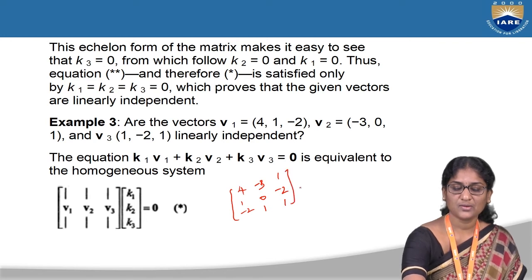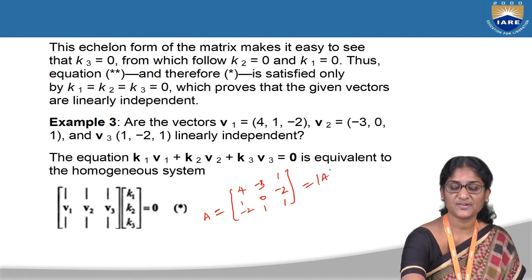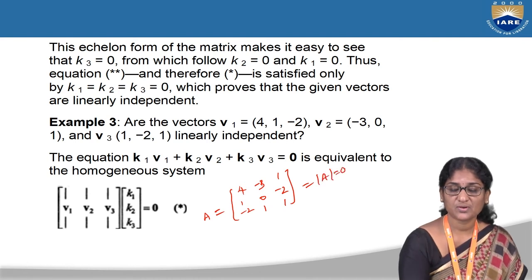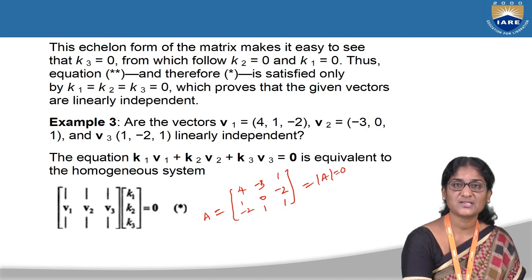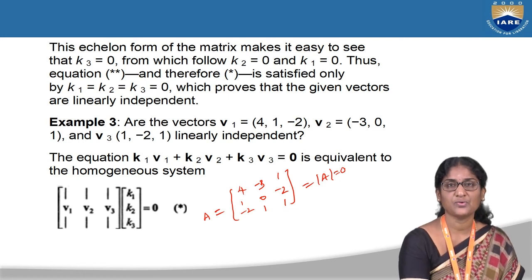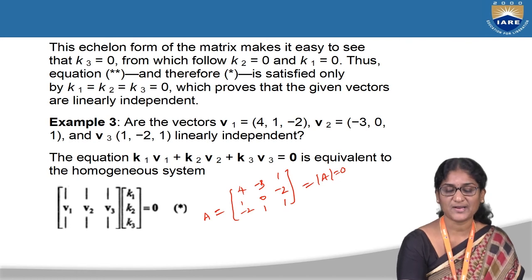And I'll find the determinant of the matrix. Whether it gives a 0 value or a non-zero value tells us whether the vectors are linearly dependent or independent.